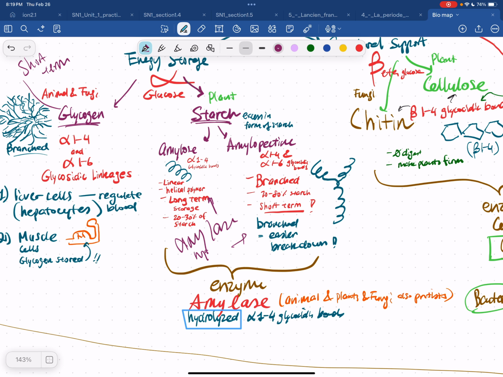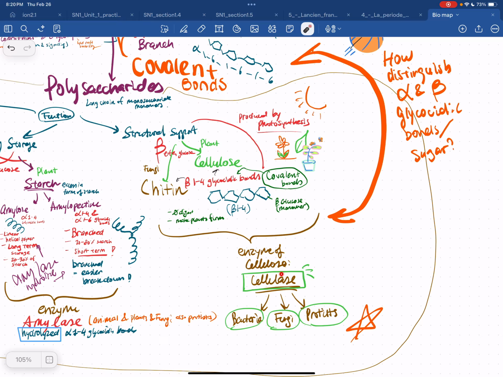So they are fiber, lots of fiber, and they just go through the digestive system for fluidity. Cellulose needs cellulase to digest, which is only found in bacteria, fungi, and protists. They are otherwise indigestible for animals because we don't have the enzymes.